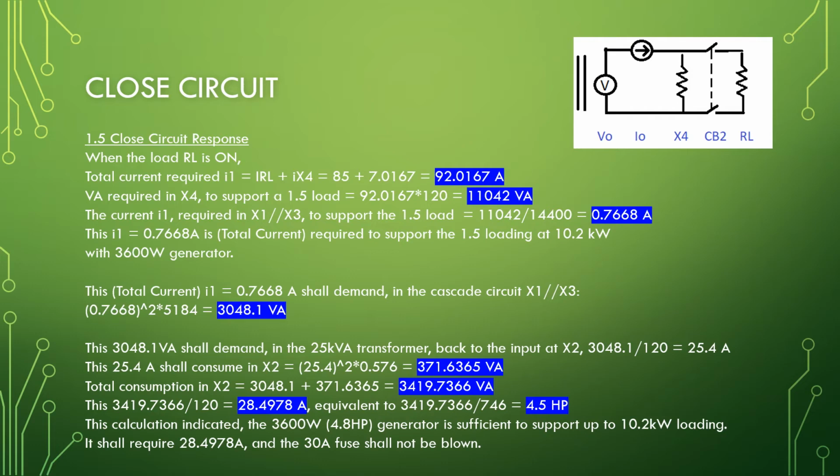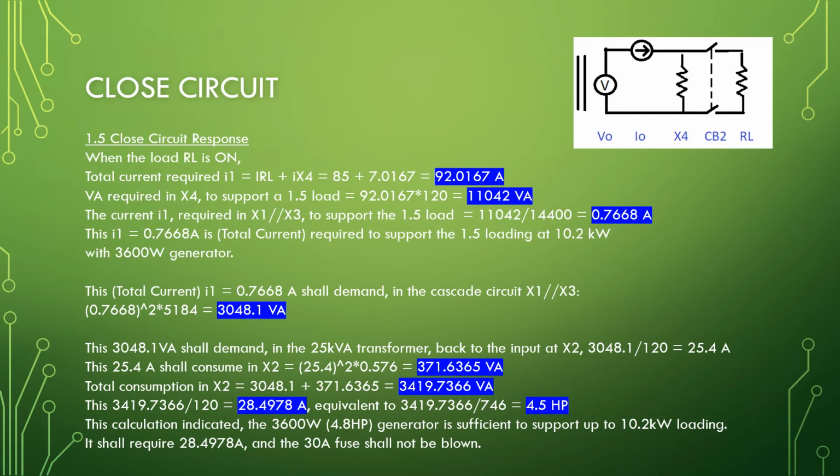The current I1 required in X1 parallel X3 to support the 1.5 load equal to 11,042 divided by 14,400 volt equal to 0.7668 ampere.